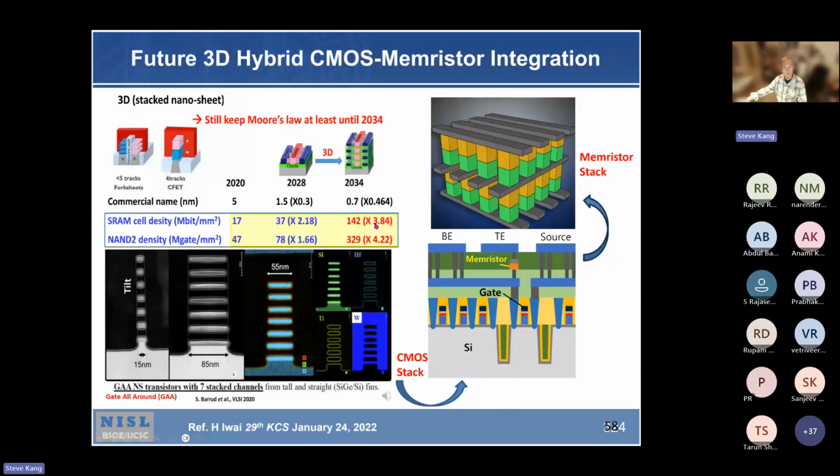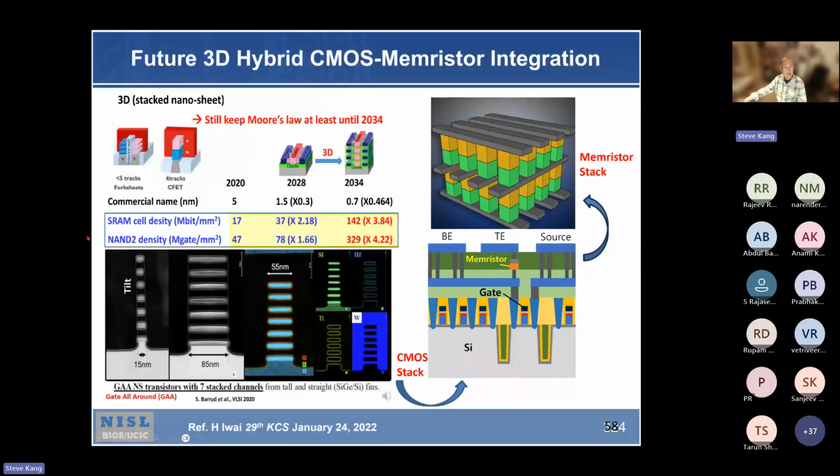So it's like a 4 times increase. NAND gate density in 2020 is 47 megagate per square millimeter, 2028 is a 1.7 times increase, and 2034 is almost 330. So 4 times increase and so on.